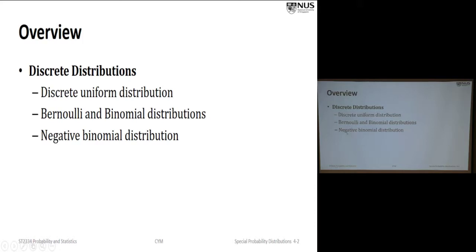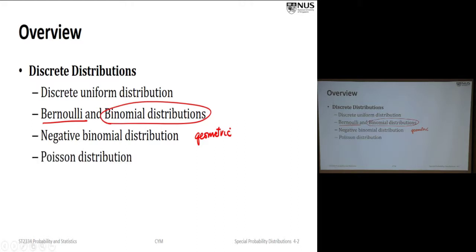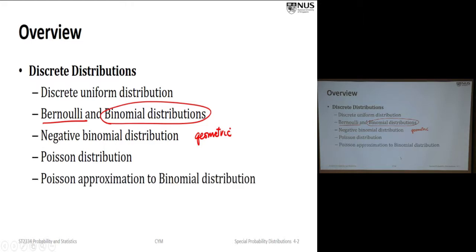A special case of the negative binomial distribution is the geometric distribution, and the Bernoulli distribution is a special case of the binomial distribution. Then we also talk about the Poisson distribution and some of the links between these distributions.